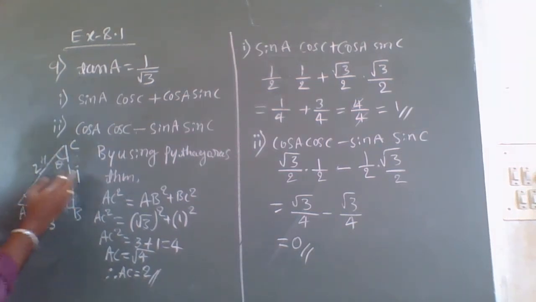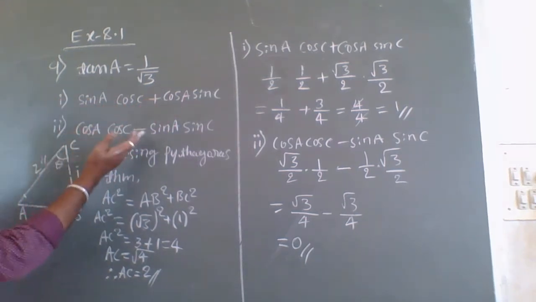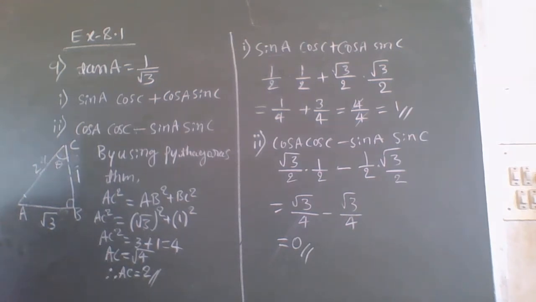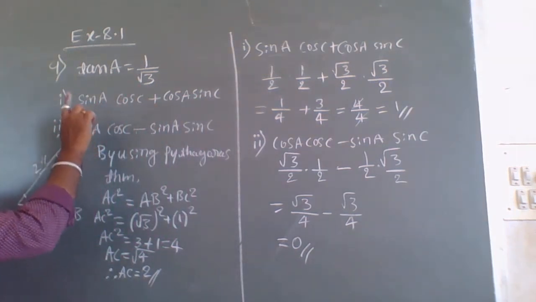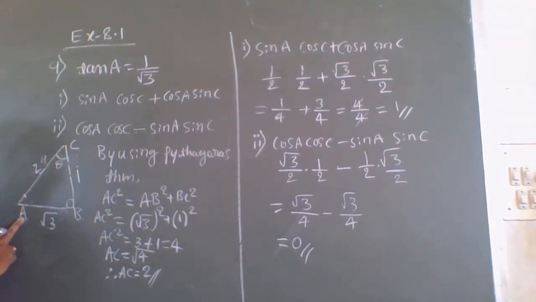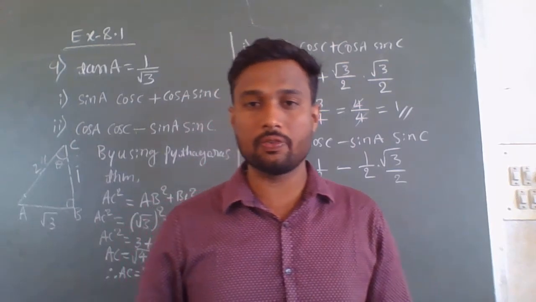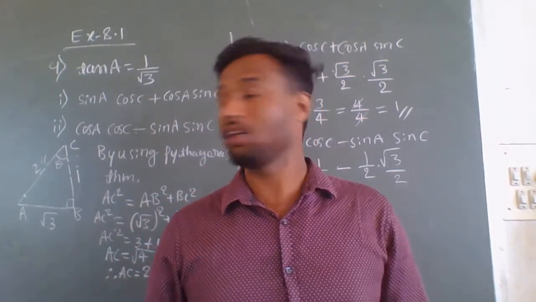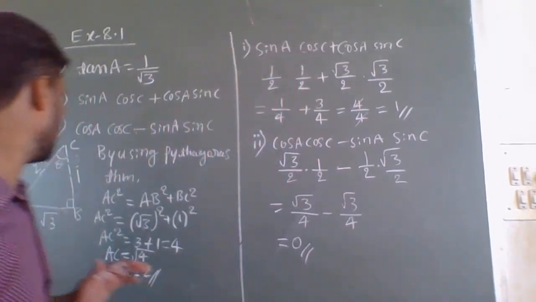Now, after getting all these values, you can calculate sin A cos C plus cos A sin C, and second one also. So here you should be very careful because they have given angle theta, acute angle theta with respect to angle A also and with respect to angle C also. So as the reference of theta changes, here base and perpendicular also change.